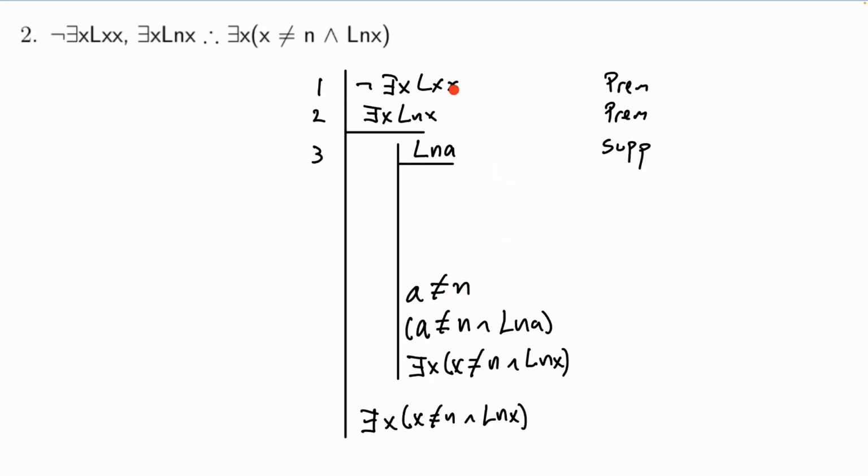And how are we going to get that A is distinct from N? Well, we're going to use this first premise that no one loves themselves, because if we supposed that A was identical to N, then that would mean that N loves themselves, which would mean someone loves themselves, which contradicts this.